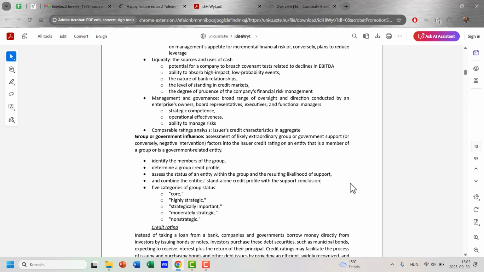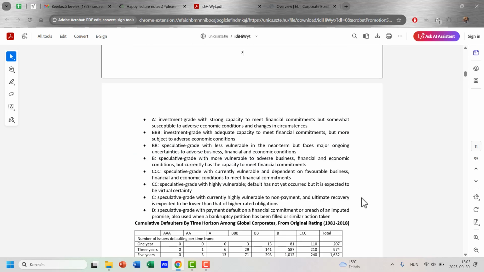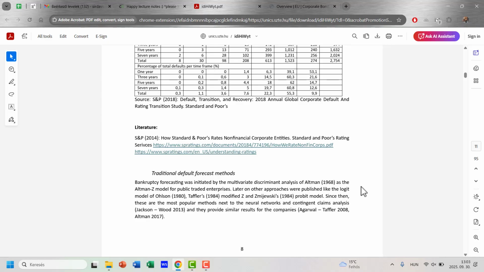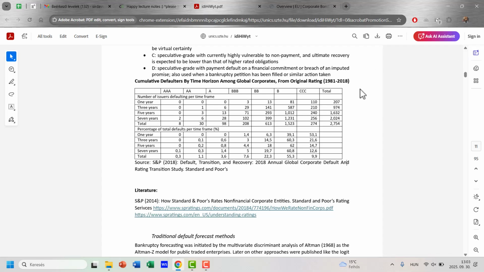Okay, so credit rating. You can read the credit ratings in the lecture notes. What matters is that these ratings are working well. We can see that if a company is AAA rated today, then they are usually not going to default.